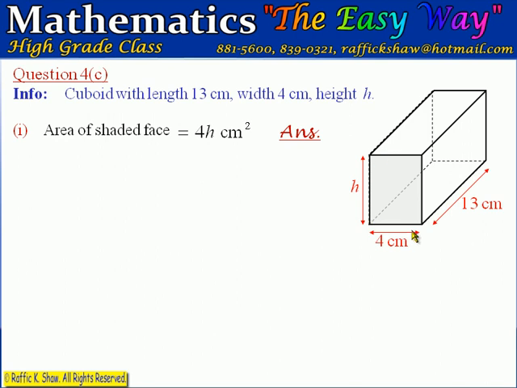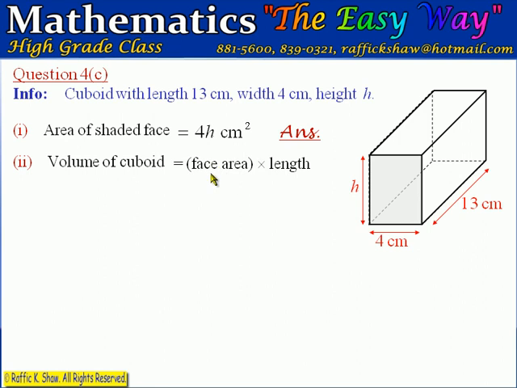And then we're asked to write an expression in terms of h for the volume of the cuboid. The volume of the cuboid is therefore the end area multiplied by the length. The end here is a uniform cross-section, the cross-sectional area. So the cross-sectional area, which is the end area, multiplied by the length will give us the volume, and we'll have it in terms of h.